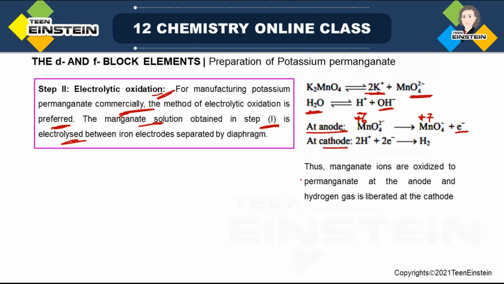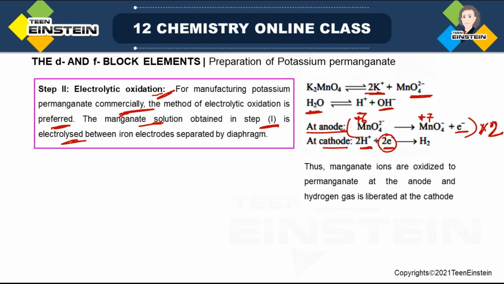At cathode, reduction occurs. H+ is accepting these 2 electrons. That is, if you multiply the first equation by 2, then it will also be 2 electrons. Okay? These 2 electrons are donated by MnO4 2- at the anode.